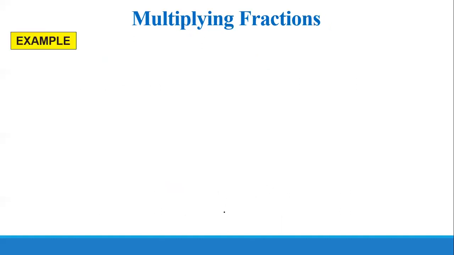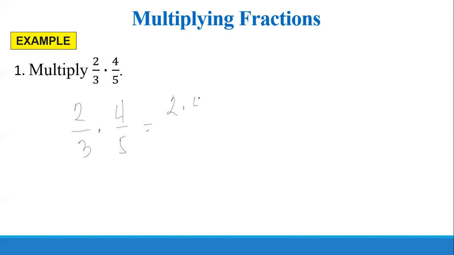Paano? Example. Multiply 2/3 and 3/4. So, in here, multiplying the numerators and multiply the denominator. So, madali lang siya. All we have to do is to multiply numerator together.